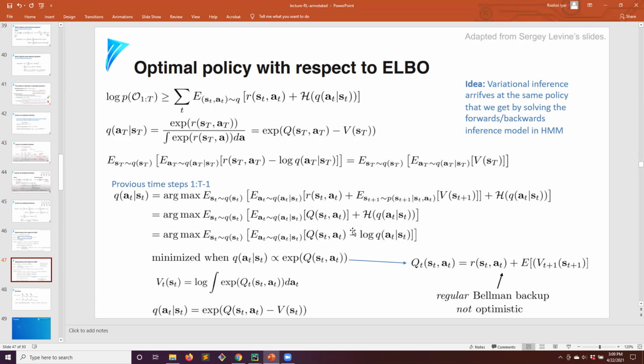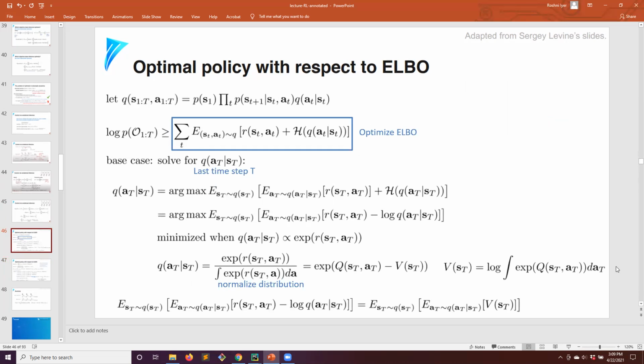And again, this h function is a log q. And when we solve this, we find that this q for all the time steps from 1 to T minus 1 is proportional to the exponential of the Q function of the state and action. And we know this again from here, this part.